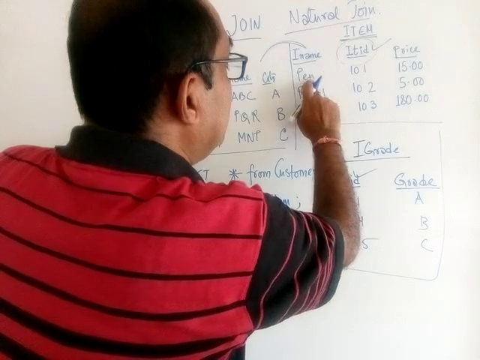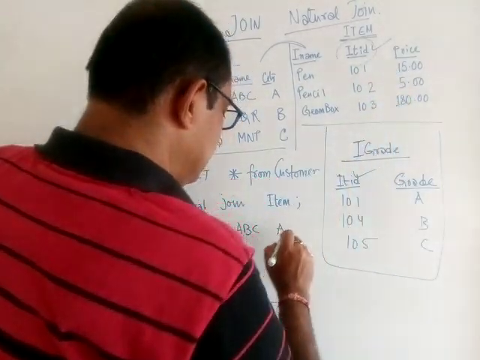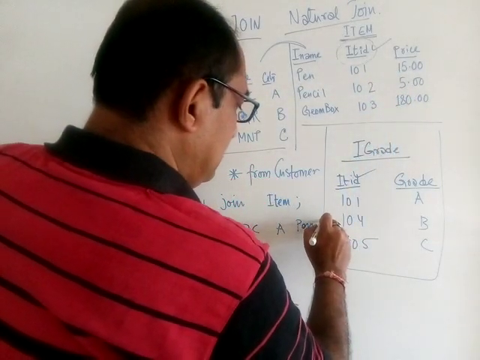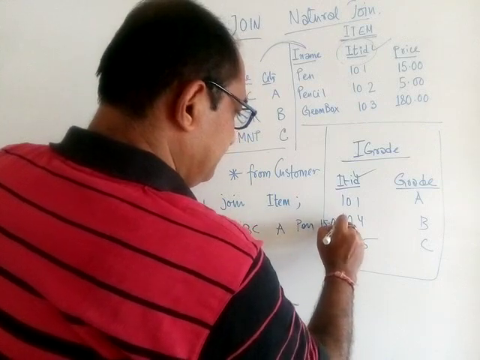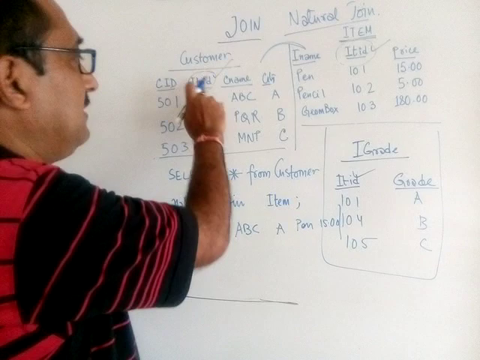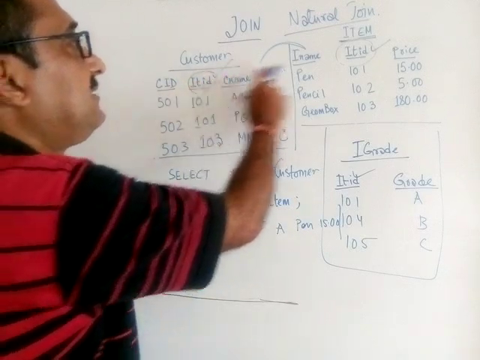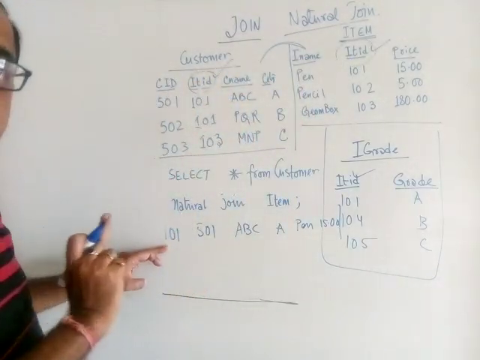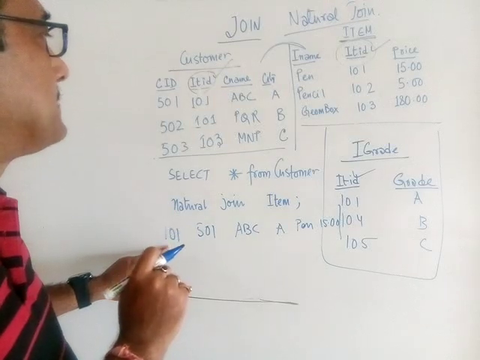Here we can see the item is pen and 15 rupees. So here we will get pen, here we will get 15 rupees. Fine. Now look at this, what will happen? The ITID column, the connecting column, will come first. Okay, always it will come first.